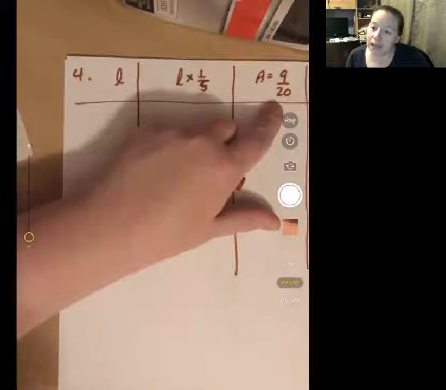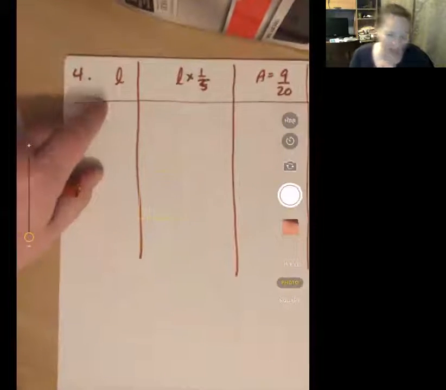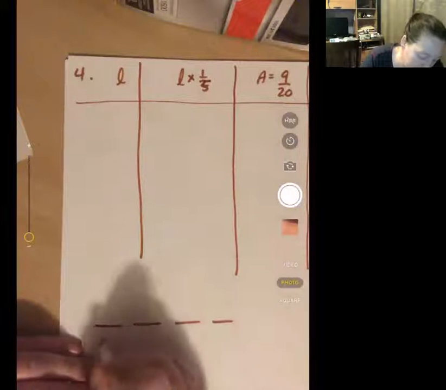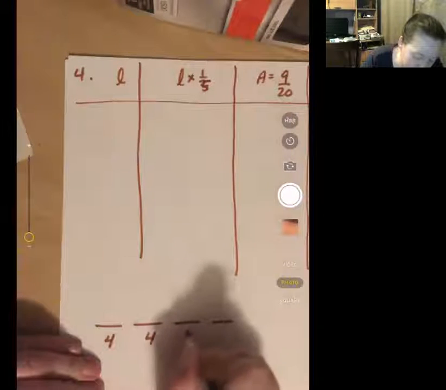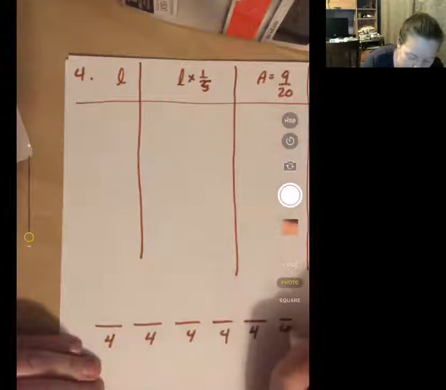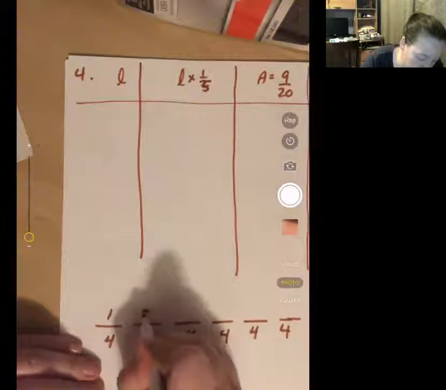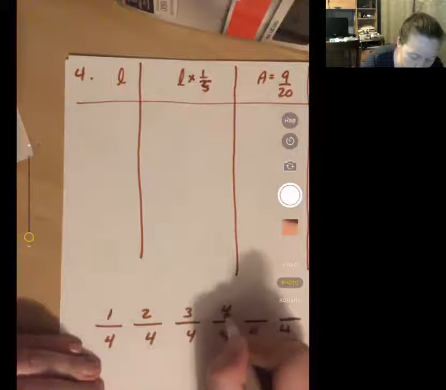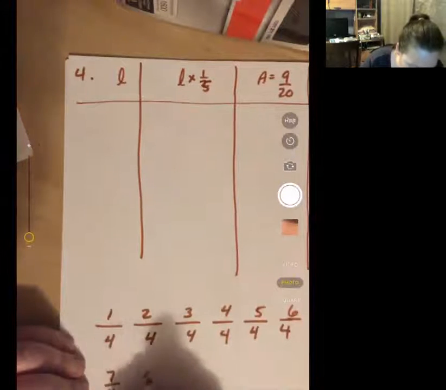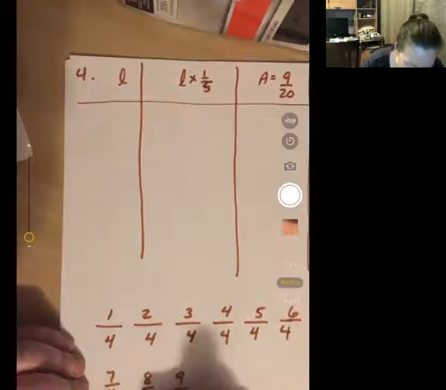We have to multiply it by 4. So whatever we put as our length is going to have a 4 in the denominator. So let me put down some options. 1/4, 2/4, 3/4, 4/4, 5/4, 6/4, 7/4, 8/4, and 9/4.